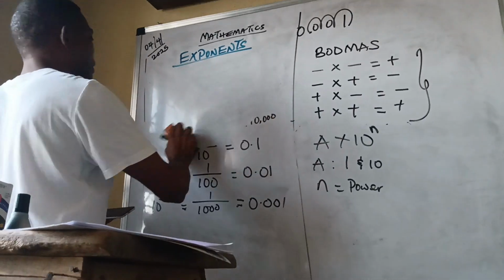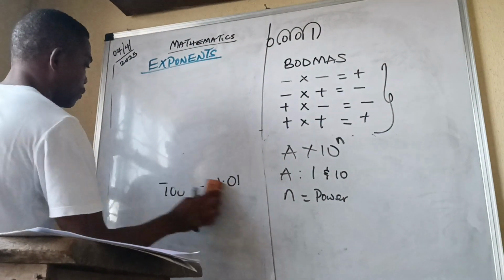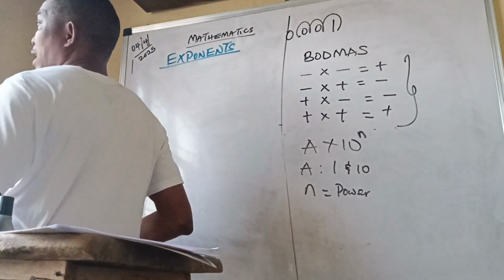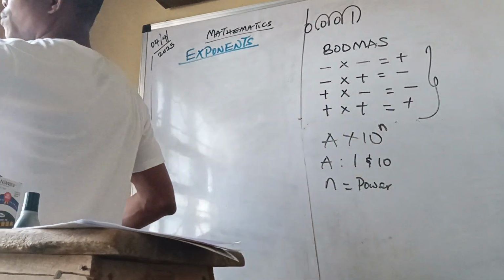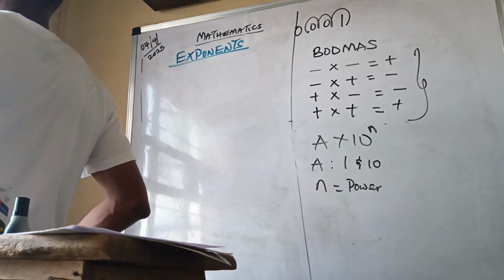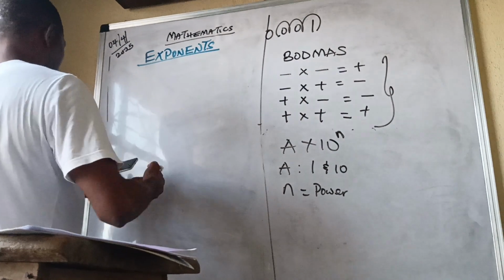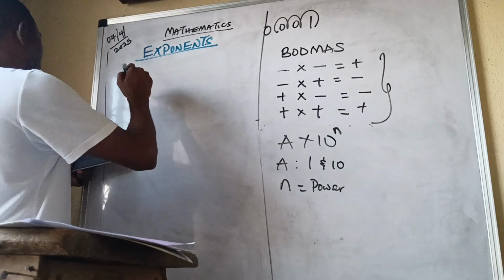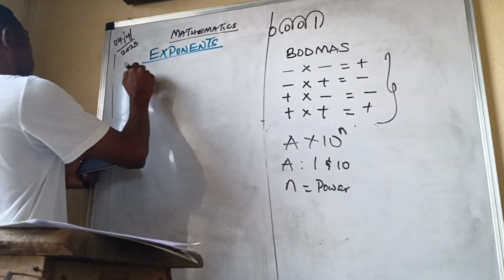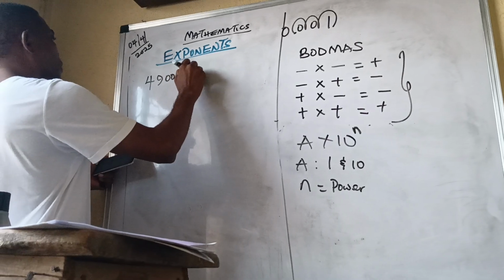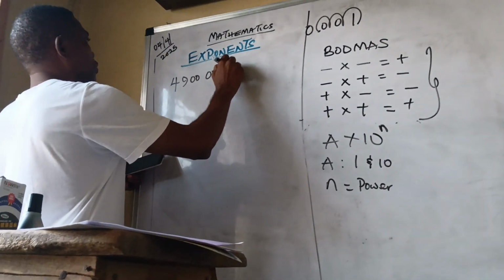Let's take for instance, we want to write this large number. It could be a large number, and at the same time, it could be a small number. So if we have a large number like this, 0, 0, 1, 2, 3, 1, 2, 3.